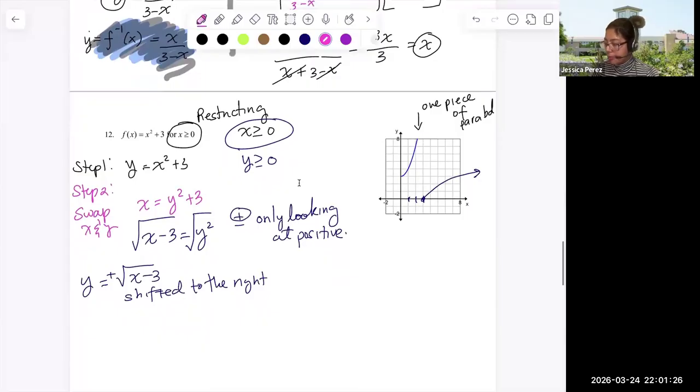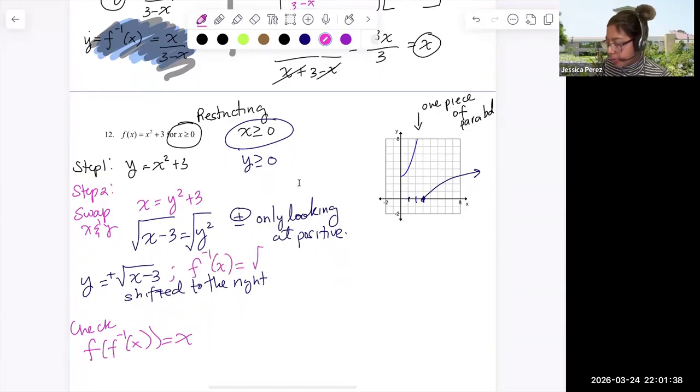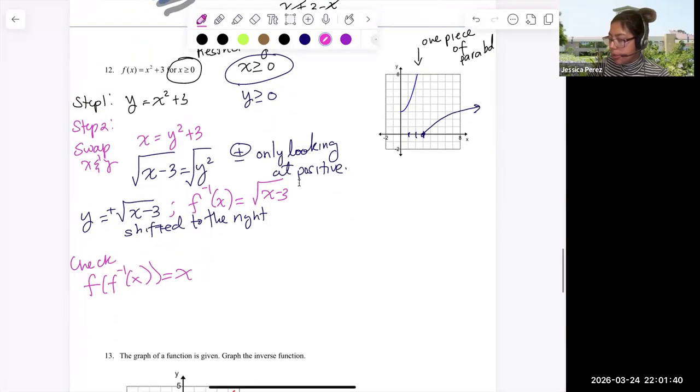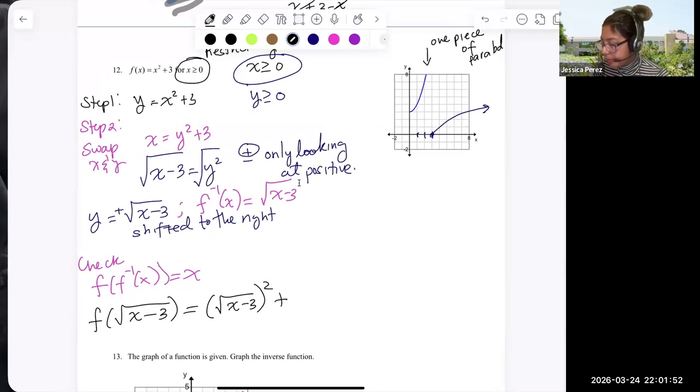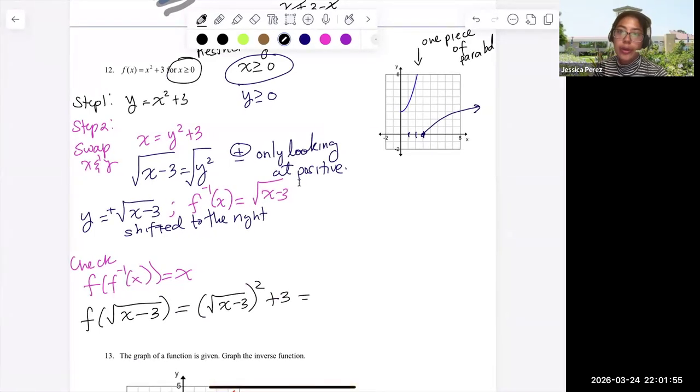Now, before I graph, I need to check that f of f inverse of x is equal to x. Remember, my f inverse of x is equal to the square root of x minus 3. So let's try that. f of the square root of x minus 3 is going to be equal to the square root of x minus 3, quantity squared, plus 3. Remember that a square and a square root cancel. And I have x minus 3 plus 3.